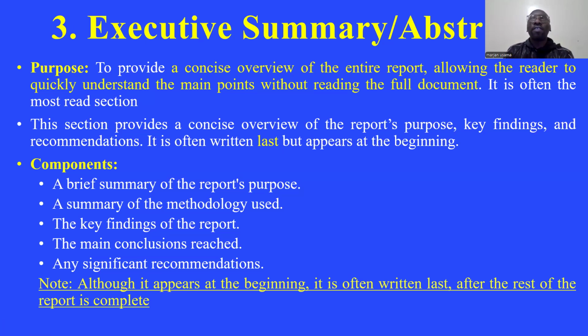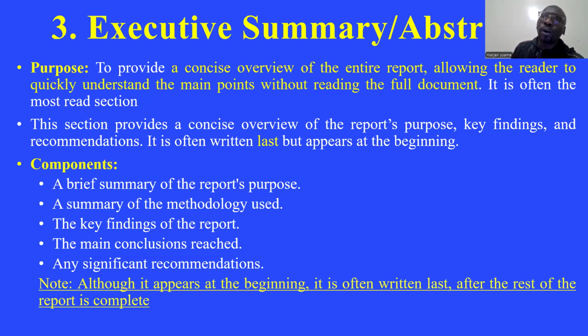So what is the purpose of the abstract? It is to provide a concise overview of the entire report or research, allowing the reader to quickly understand the main points without reading the full document. So the abstract is a summary of the whole report. The report maybe is 100 pages.